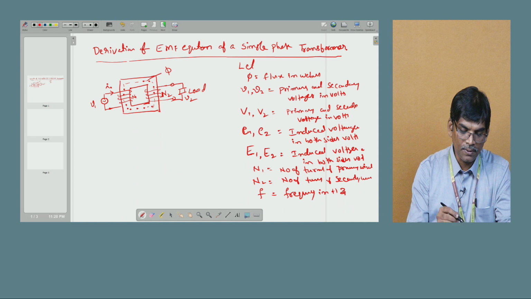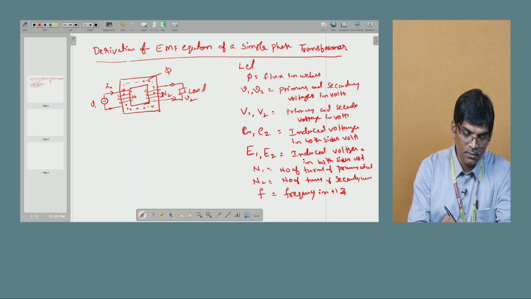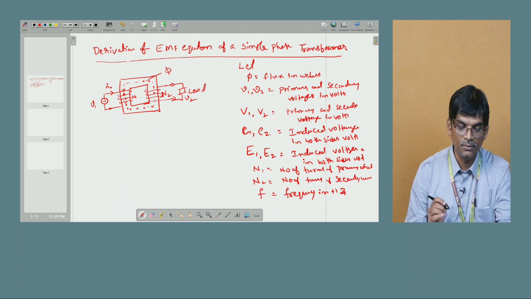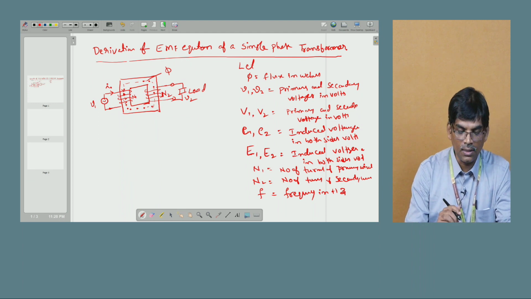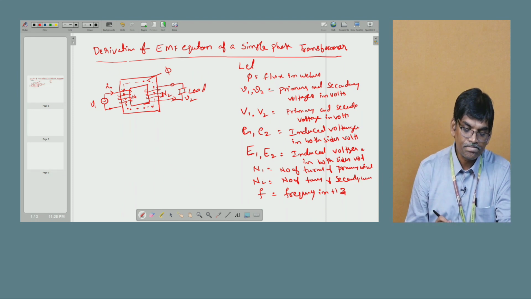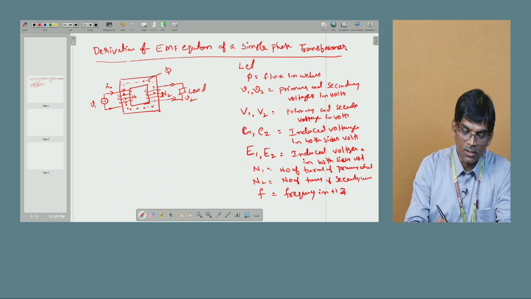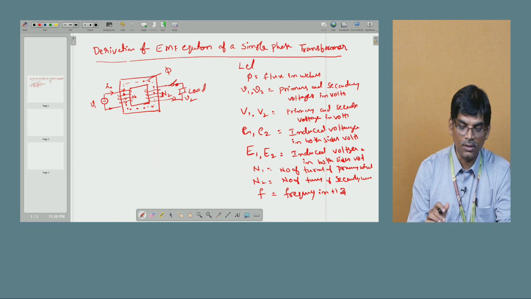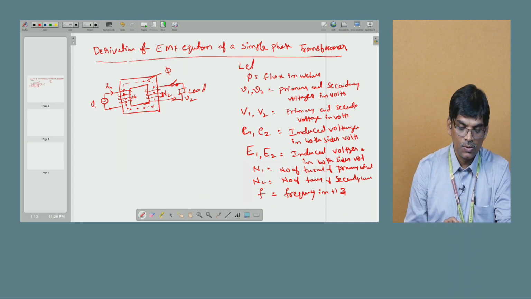Once you give the supply here, the primary coil passes a current, under no load condition called I naught. In this condition, we may provide a switch here, and under no load condition I will first explain how the voltage is developed. According to Faraday's law, whenever a conductor links with a rate of change of flux, EMF is induced.